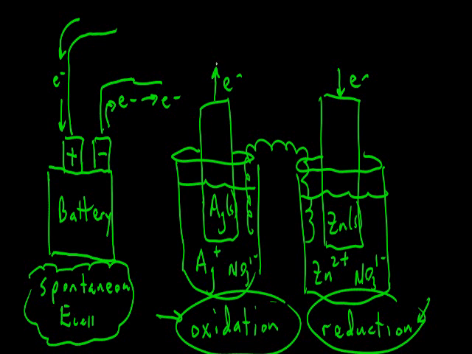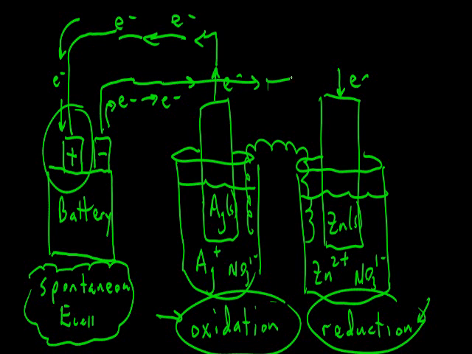The silver, because the electrons are leaving, would be connected to the terminal where electrons are flowing back in to our battery. So the silver would get connected to the positive terminal on the battery, whereas the battery is pushing electrons out from the negative terminal. So the negative terminal would be connected to our zinc, in which the reduction half reaction is taking place.